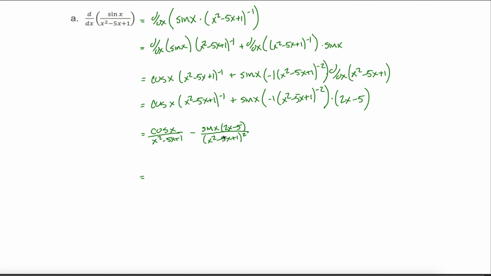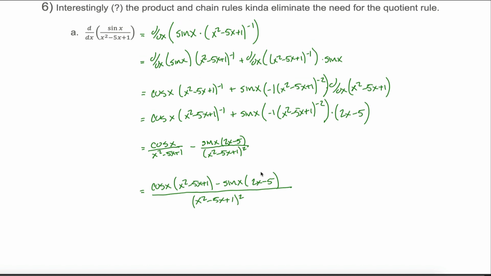In order to get that common denominator, I'd multiply the top and the bottom here by x squared minus 5x plus 1. What that would give me is the cosine of x times x squared minus 5x plus 1 minus the sine of x times 2x minus 5, all divided by my common denominator, which is now x squared minus 5x plus 1 squared.